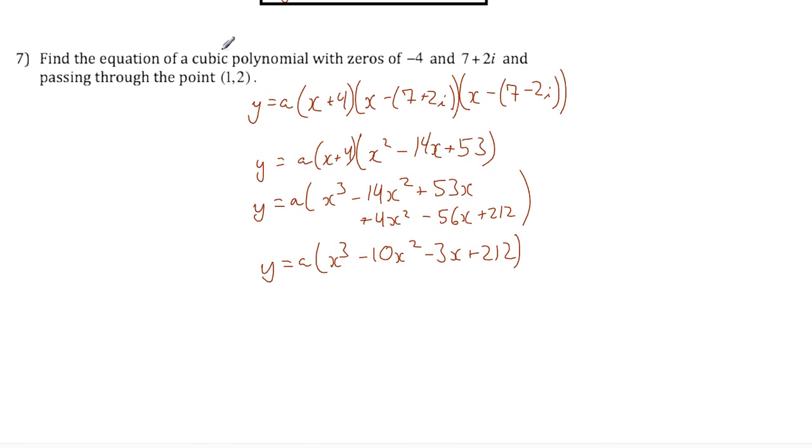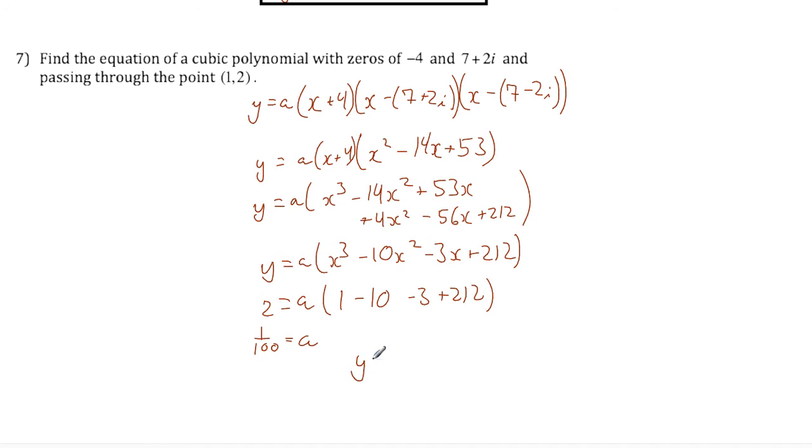And I know that it goes through the point 2, 1, so I get 2 is equal to a times 1 minus 10 minus 3 plus 212. So 1 minus 10 minus 3 plus 212 is going to be 200. Divide both sides, so I get that a is equal to 1 over 100.